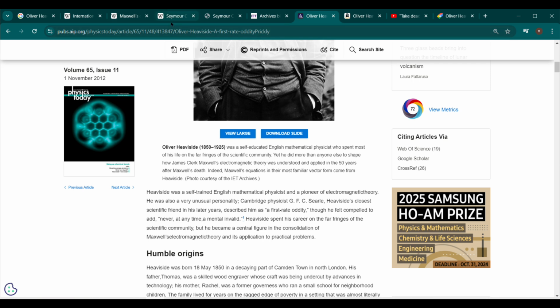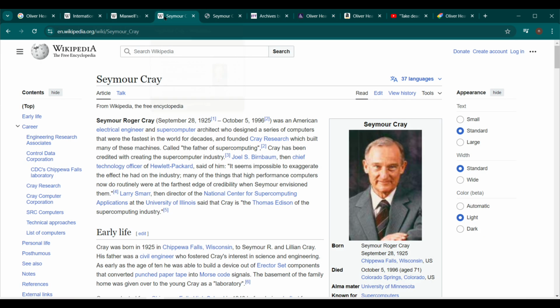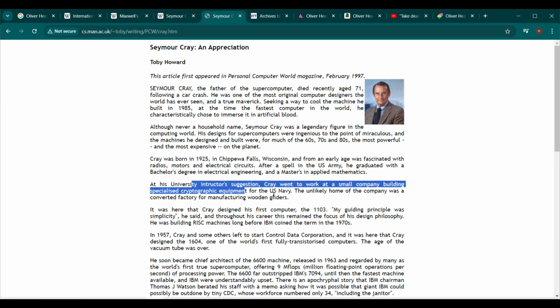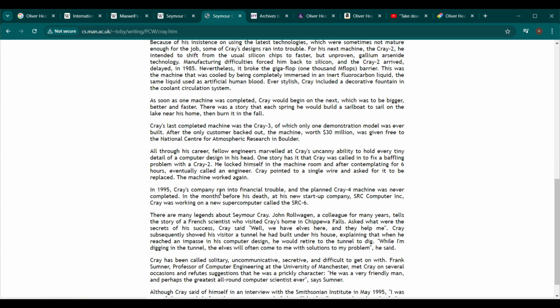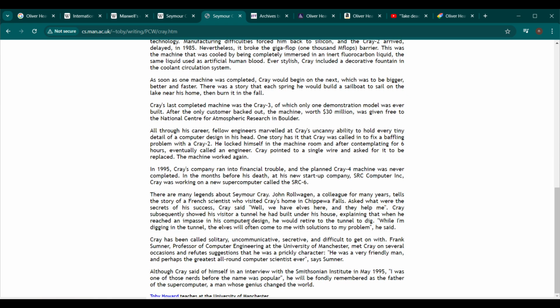For example, Seymour Cray also had some eccentric things. He was sort of reclusive in a way, but whenever he was out of ideas, or working on computer design, he would be digging a tunnel under his house, and he was looking for elves.